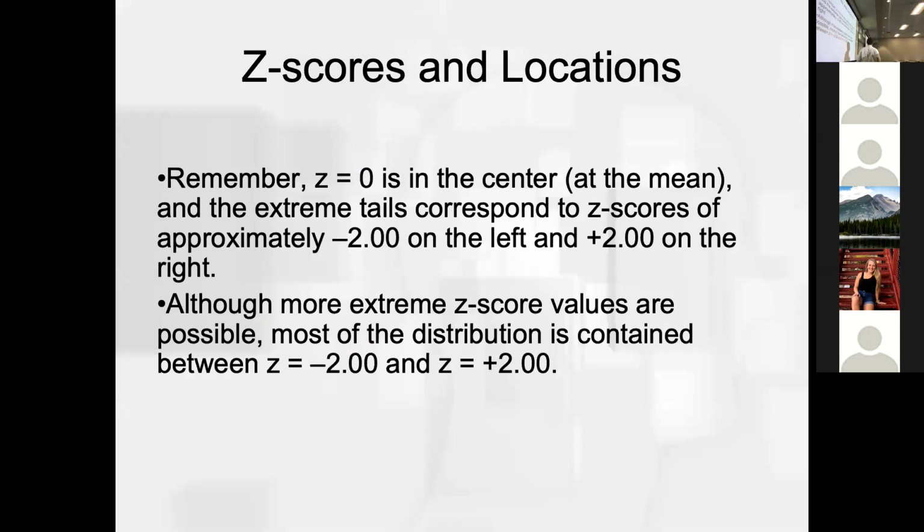So remember, the mean is at z equals 0. And the extreme tails correspond to roughly about -2 and +2. So at -2 and +2, you are including about 95% of the data.